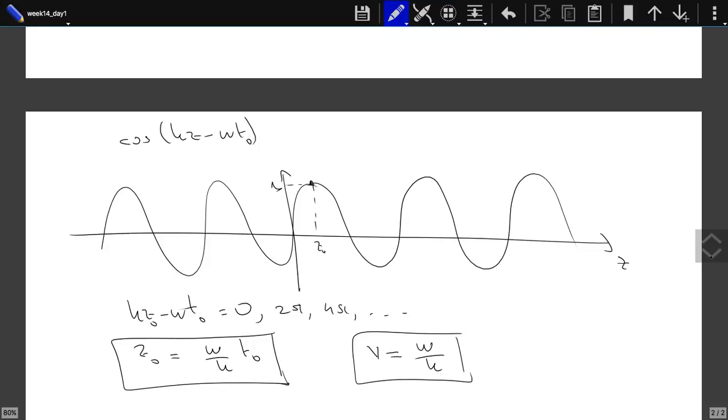After one period, the motion just repeats itself. Here, the function repeats itself, but also in position. If you displace it, after a time that this point moves over here, after a displacement of this much, the function repeats itself. This is what we call the wavelength.